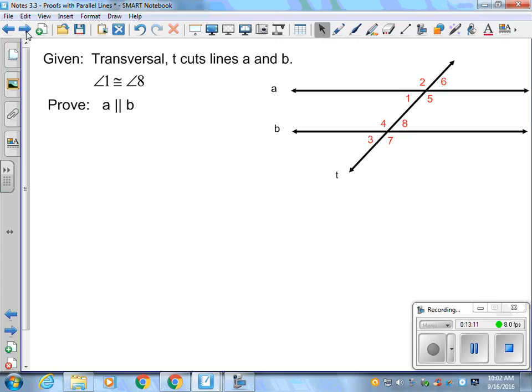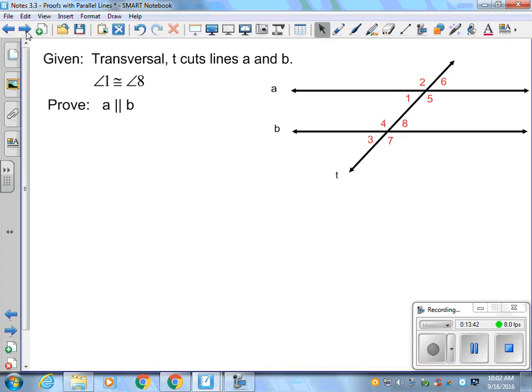Now, they don't always do these proofs from the same kind of givens, but a lot of times they give you some information either about the lines being cut or some angles being congruent, and we have to figure out how to get to these lines being parallel. And the best thing you can do is get to corresponding. Because if you can get to corresponding, then you can use the corresponding angle postulate that works both ways.